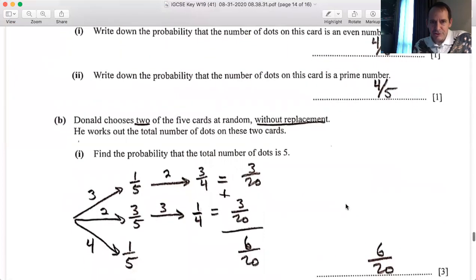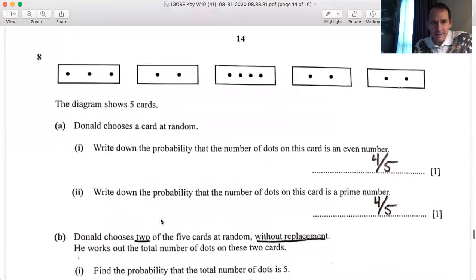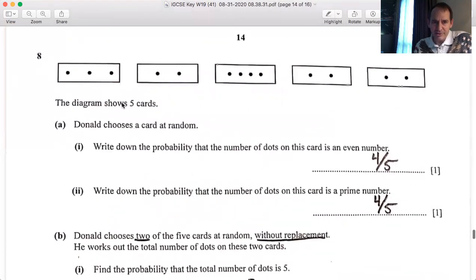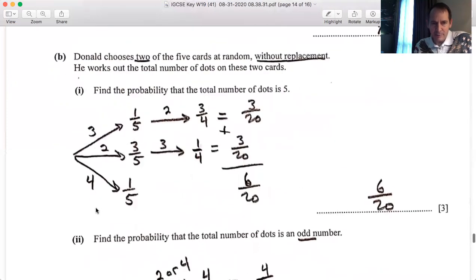Then Donald chooses 2 of the 5 cards at random without replacement. He works out the total number of dots on these 2 cards. Find the probability that the total number of dots is 5. So on his first draw, he can either draw a card that has 3 dots, 2 dots, or 4 dots. So that's going to be our branches.